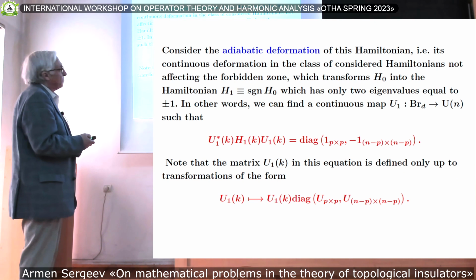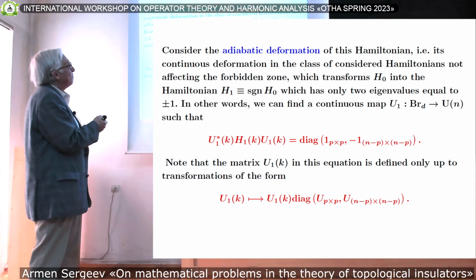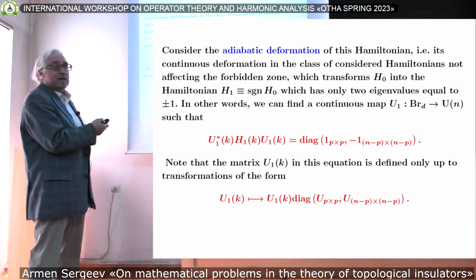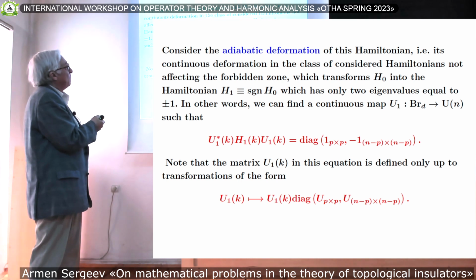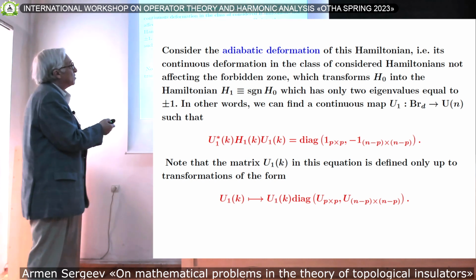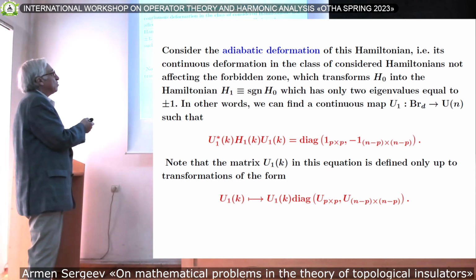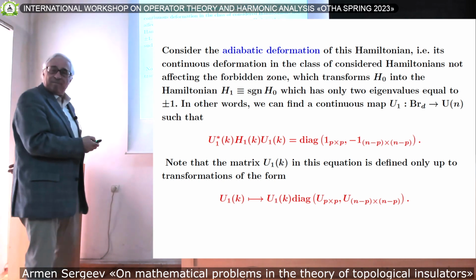So what can we do? Now we consider what physicists would call an adiabatic deformation of this Hamiltonian. Mathematically, this means that we consider a continuous deformation of our Hamiltonian in the class of considered Hamiltonians, which does not affect the forbidden zone. We cannot touch it. And one can find such a deformation which transforms H_0 into the Hamiltonian, which I denote by H_1, or sign of H_0, which has only two eigenvalues, equal to plus or minus 1.